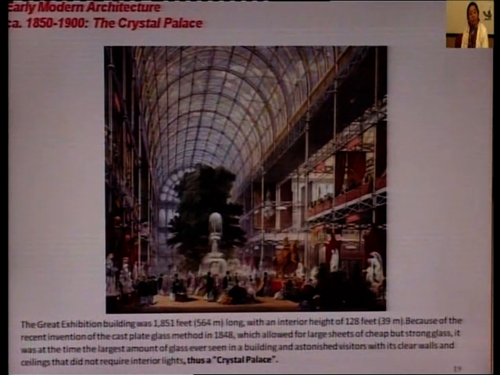It was at the time the largest amount of glass ever seen in a building, and it astonished visitors with its clear walls, the clear ceilings, which did not require interior lights, and thus fetched it the famous name of Crystal Palace. It was actually a piece of crystal.